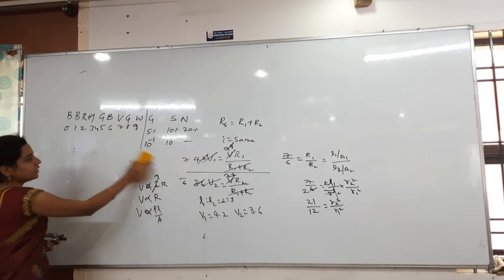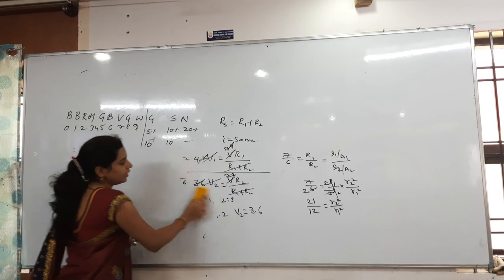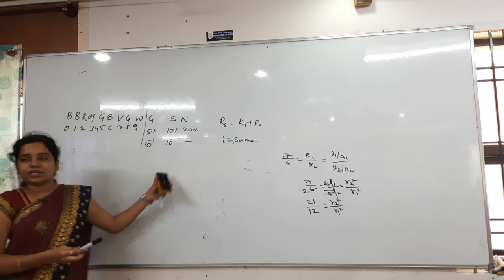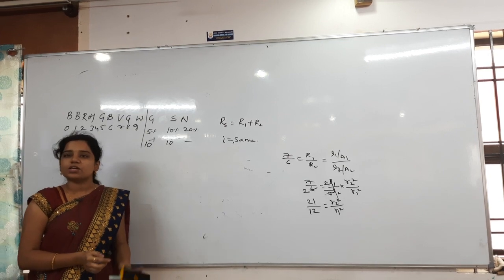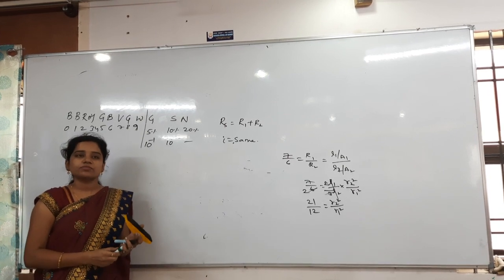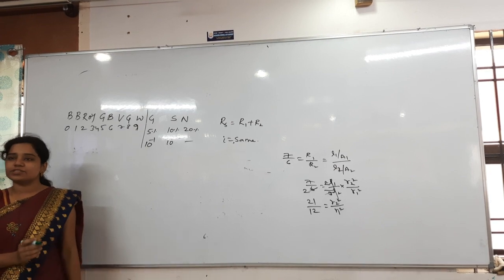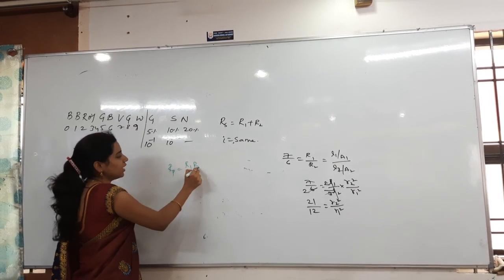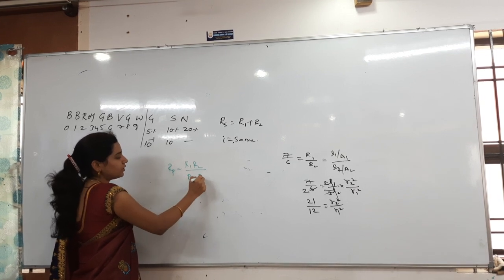Then that is about the series combination. Here current was the same and voltage was different in a series combination. Whenever you come to the parallel combination, voltage is the same and current is different. You always have to take the formula R1 R2 by R1 plus R2.